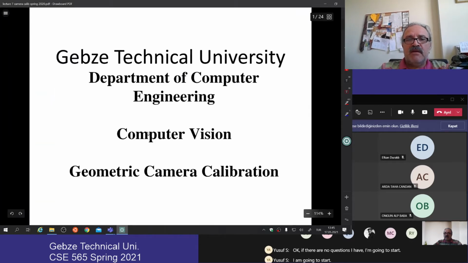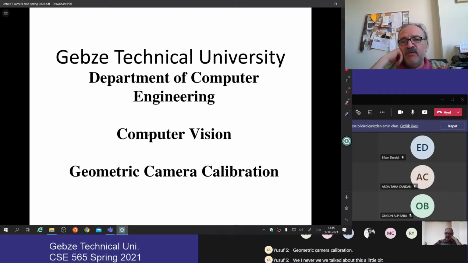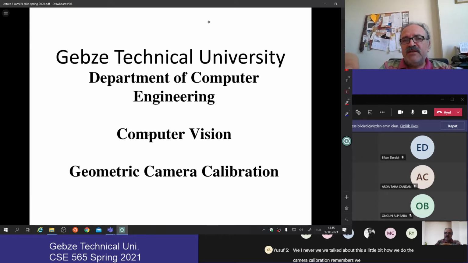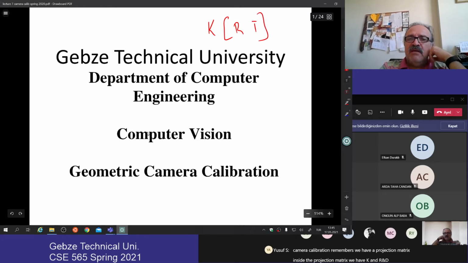geometric camera calibration. We talked about this a little bit, how we do the camera calibration. Remember, we have a projection matrix. Inside the projection matrix, we have K and R and T, intrinsic parameters and extrinsic parameters.